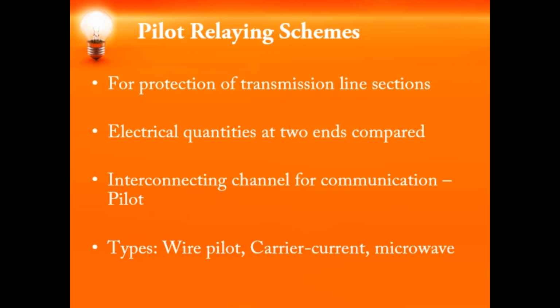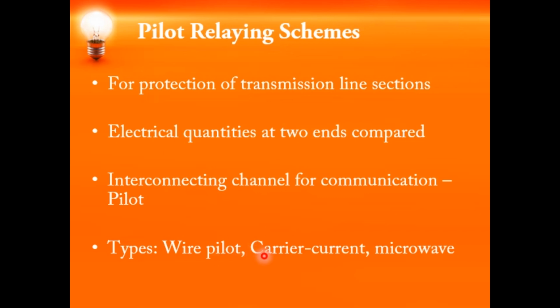There are three types of pilot relaying, or three types of interconnecting channels. First is a wire pilot, second is carrier current, and third is microwave. The wire pilot is nothing but a buried private cable, or alternatively a rented post office or private telephone line.